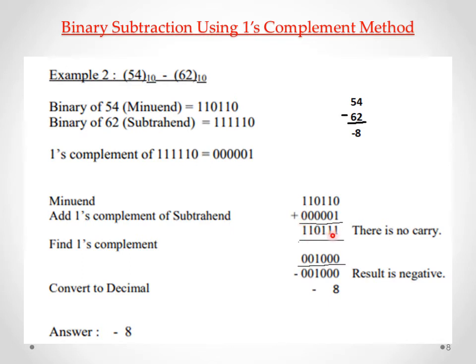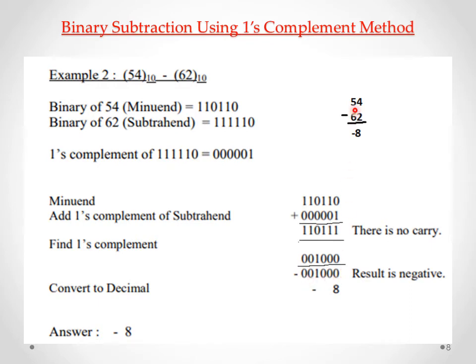So in this case there is no carry. So if no carry is present, we have to take the ones complement of this answer with the negative sign. So I'm going to take the ones complement of this answer. So 0 0 1 0 0 0 with the negative sign. So this will be 1 0 0 0. This is equivalent to decimal 8.